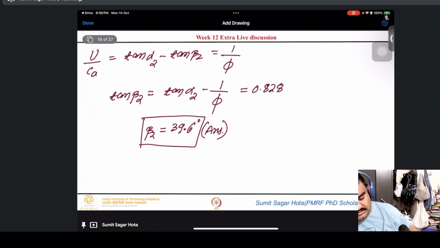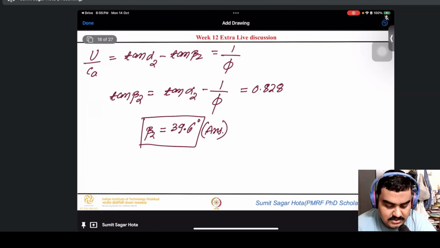Turbine specific work. So now I have to find out the turbine specific work, because from there only I can find out alpha 3 and beta 3.